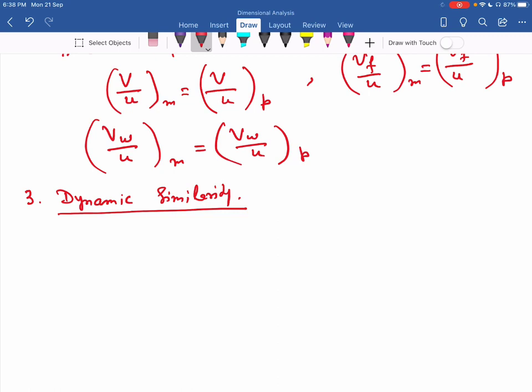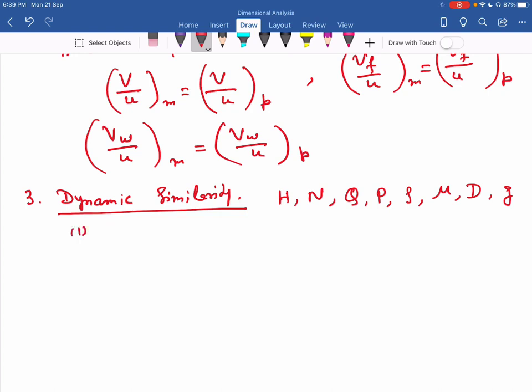As we studied earlier, in a fluid machine problem we have different variables involved in the phenomenon: head, speed, discharge, power, density, viscosity, diameter, and when we see the equation, one more, that is g. When we apply dimension analysis on all these variables, we finally reach four pi terms.